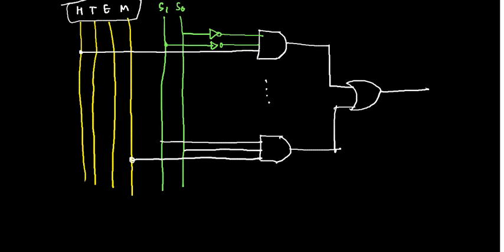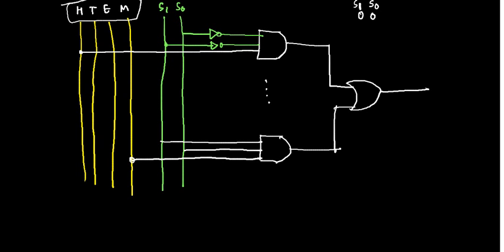2 to the power n is to 1 means 2 power n is the actual inputs, not these inputs. Don't get confused. So say for example, Hindi has to be transferred based on S0 and S1. You have all the 16 combinations of HTEM.